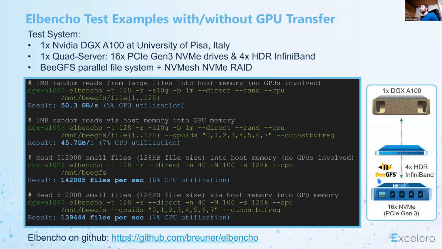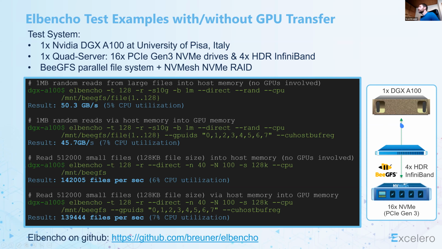So let's look at a few examples of how this works. Just recently, I had the opportunity to test a DGX A100 system at the University of Pisa. The storage system connected to this was one quad server chassis with 16 NVMe drives, connected via 4 times HDR InfiniBand to the single DGX A100 system.